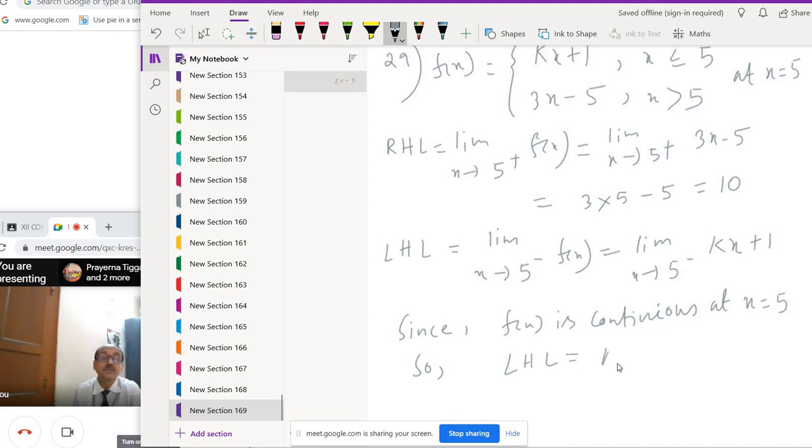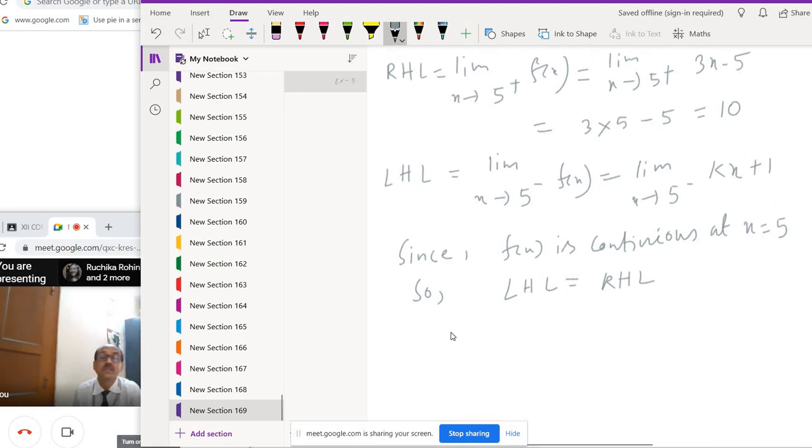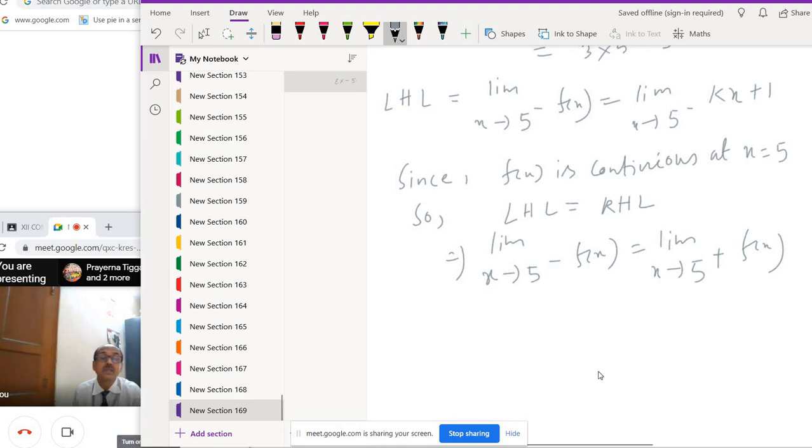Left hand limit means limit x tends to 5 minus f(x) equals limit x tends to 5 plus f(x), the right hand limit.